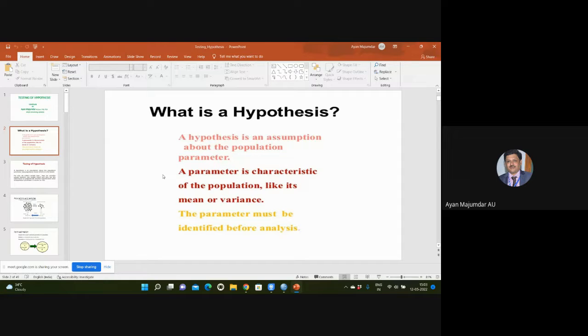So our topic today is testing of hypothesis. Before we go to hypothesis, let me just tell you a few things. In our discussion today, we will try to use as few statistical jargons as possible and keep the language simple.